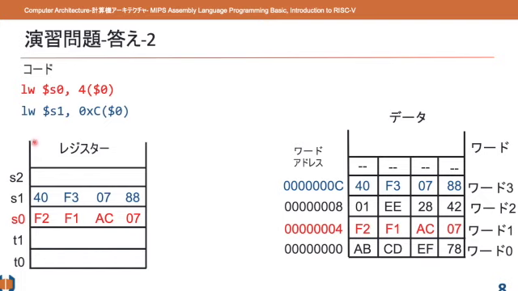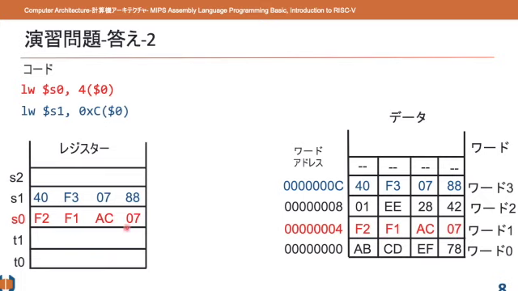For example, as all of you know, we have 32 registers in our MIPS register set, and here I put only 5 of them, 2 temporary registers and 3 save registers. Okay, so once you execute this instruction, memory address 4, F2, F1, AC, and 07, is supposed to be loaded into the S0 location, and here it is.